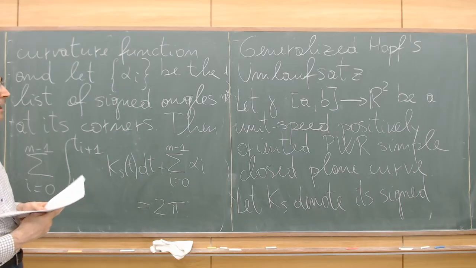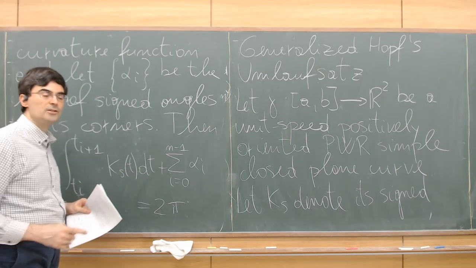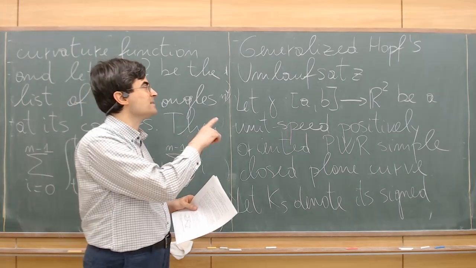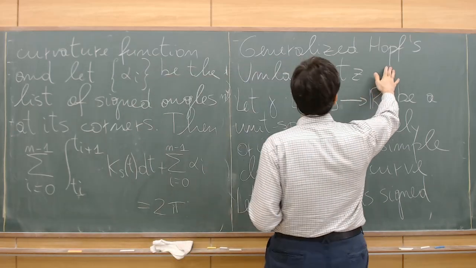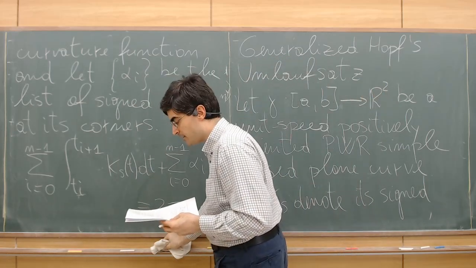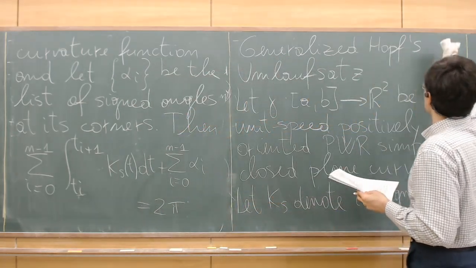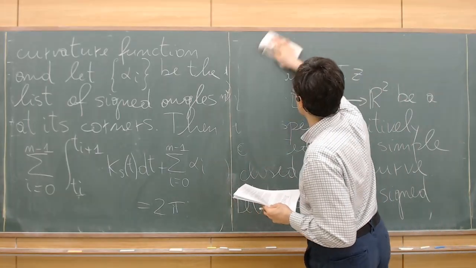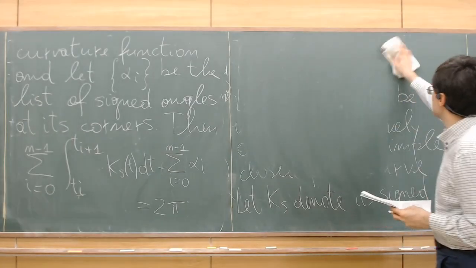Let's see how this theorem reduces to the basic version of the Hopf Umlaufsatz when gamma is regular. It's very easy to see that.